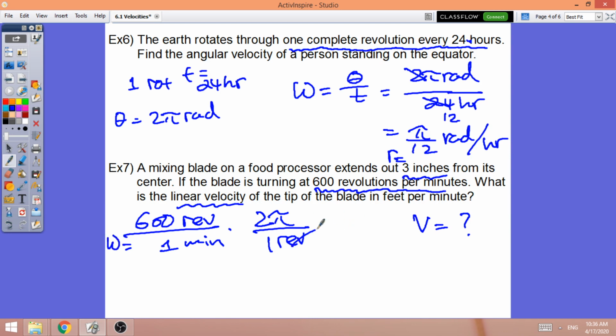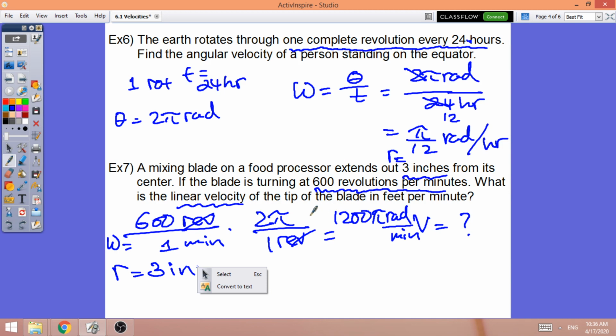Okay, so revolution got canceled, so 600 times 2 pi, we do have 1,200 pi radians per minute. Again, this one just gives you the angular velocity. And one thing that we notice, we do know that the radius is 3 inches.